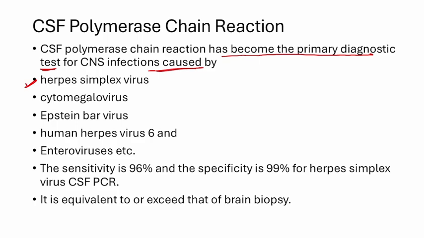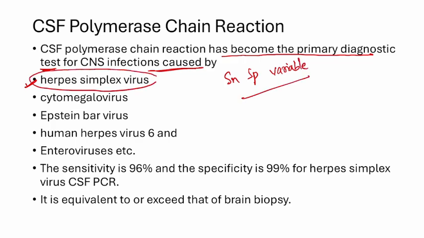But the problem with CSF PCR is that the sensitivity and specificity is variable for every virus. It is very good for herpes simplex virus, but for all other viruses it is very low. Here it is written that the sensitivity is 96% and specificity is 99% for herpes simplex virus.